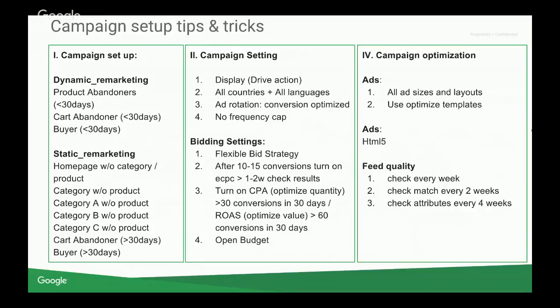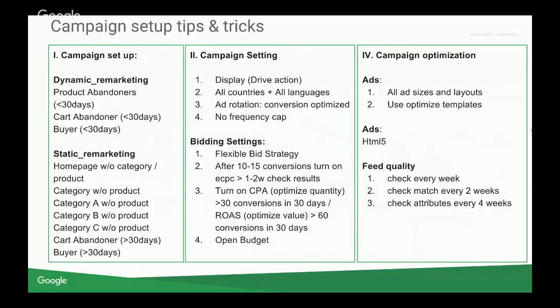And when it comes to campaign optimization, as we mentioned before, you can use all ad sizes and different layouts. You can use optimized templates, and also use different rich media such as the HTML5 format.